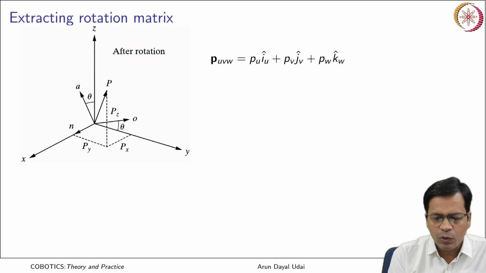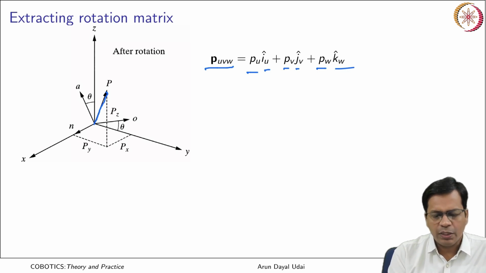PUVW is the vector which is shown here. It is given by Pu Iu, Pv Jv, Pw Kw. What are I, J and K? They are orthogonal unit vectors along the axes of the rotating frame.